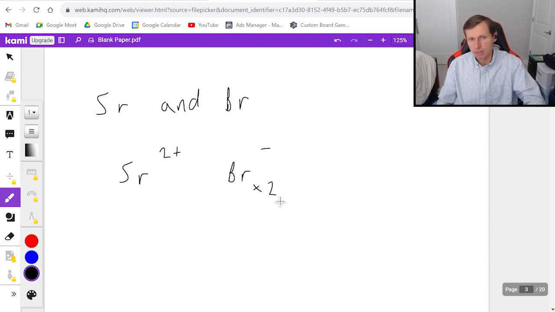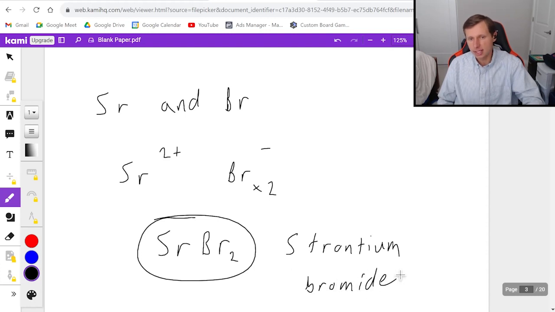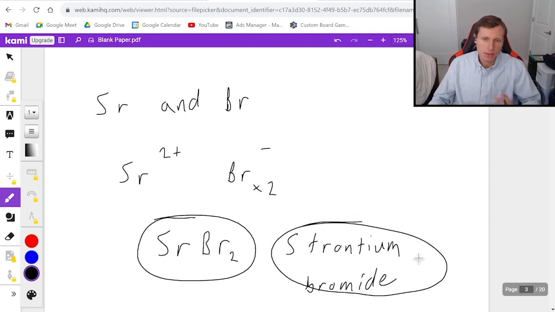I multiply bromine by 2, and so that means when I combine them together, it's Sr with only 1, and whenever it's 1, you don't write the 1. And then right next to it, I write Br2 because we just said there's 2 bromines. That makes the charge balance to 0. And there's our answer for the formula. And the name of this would be called strontium bromide. IDE ending.